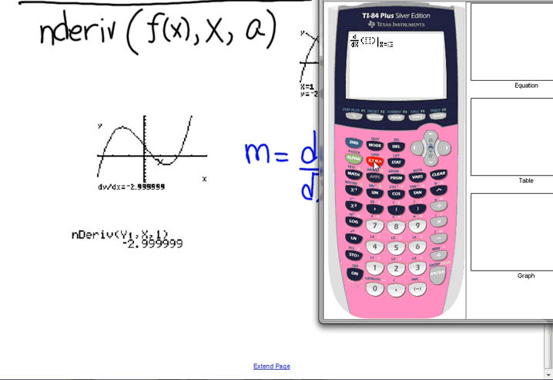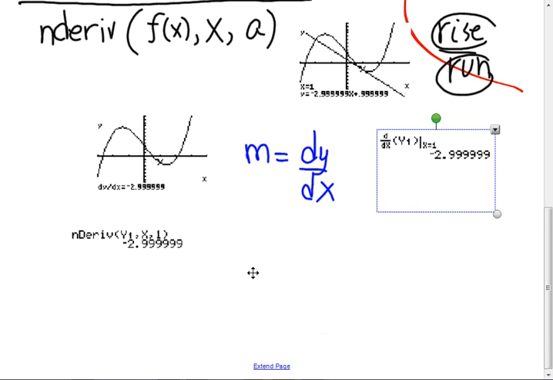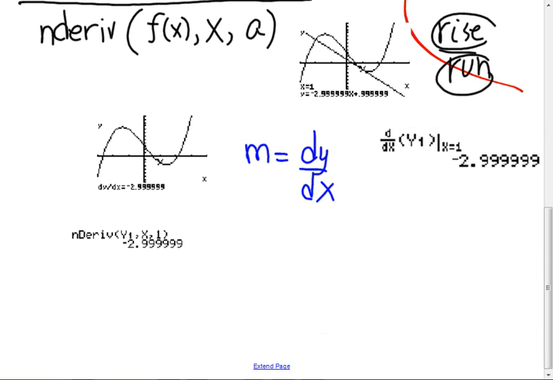Here, you got to get your Y1. Guess what I forgot to do? I forgot to go over. And then you arrow, and you put in 1. That's what it's going to look like for all of us when we do it paper pencil. So you have to put in this, and this, and that.